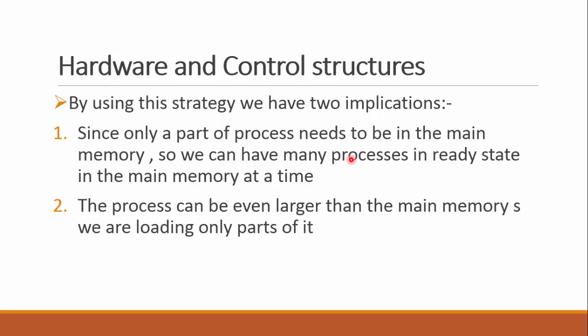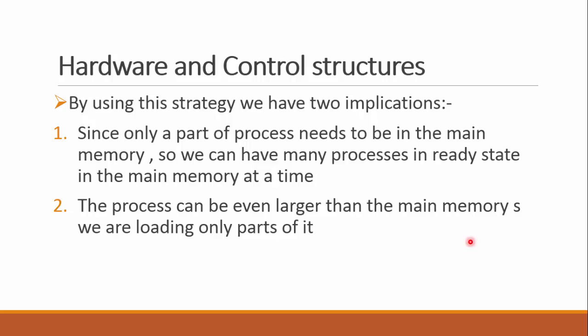By using this strategy, we can make out two things. First, only some part of the process needs to be in the main memory. What does that mean? If only some part of each process is in main memory, there can be many different processes in the memory at one time.